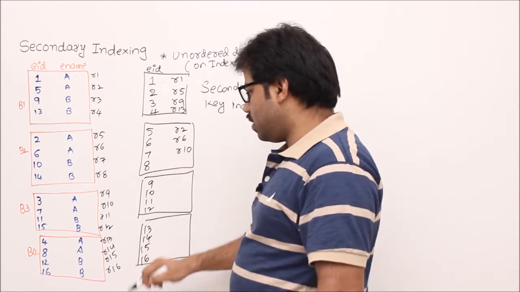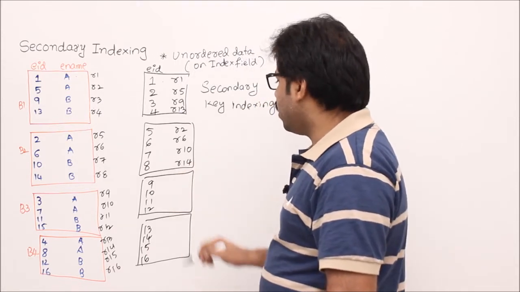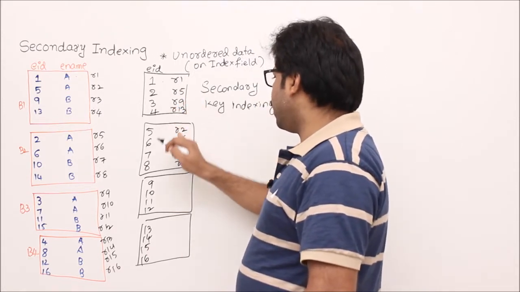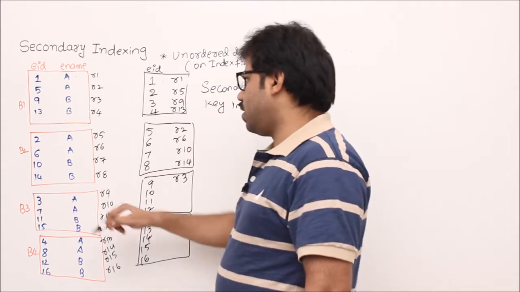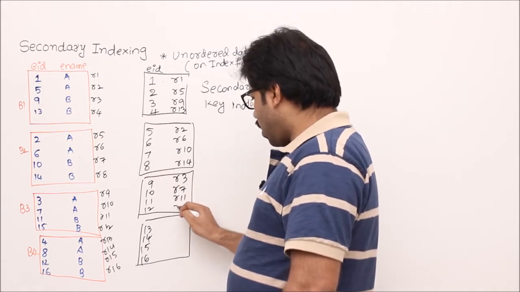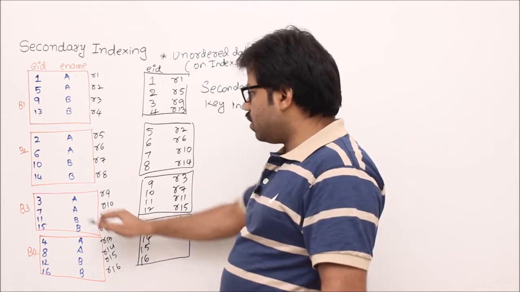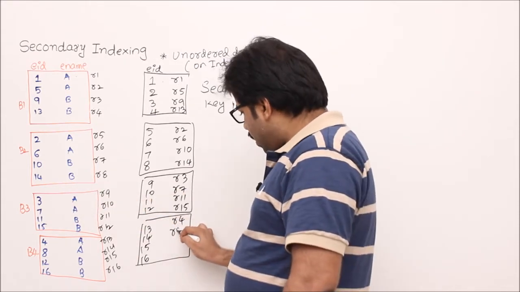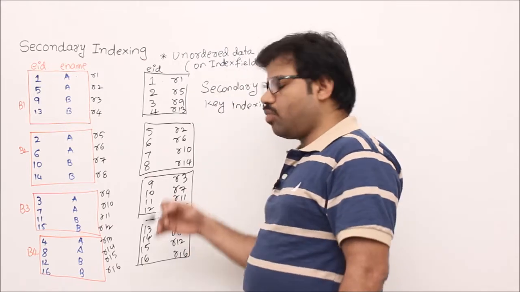Next R8, R14 in that way. Next 1, 5, 9, 13, 2, 6, 10, 14. Next I think 9 is R3, right? Then R7, R11, R15. 13 will be R4, 14 will be, just check it out, R8. Next R12, R16. So these are the various record pointers.